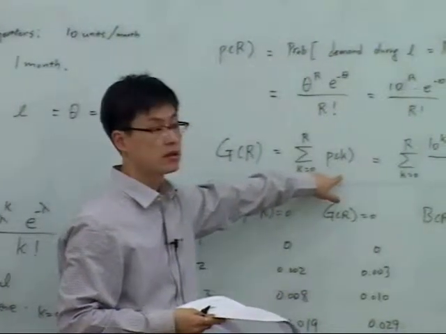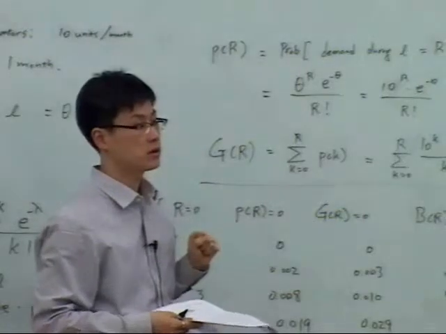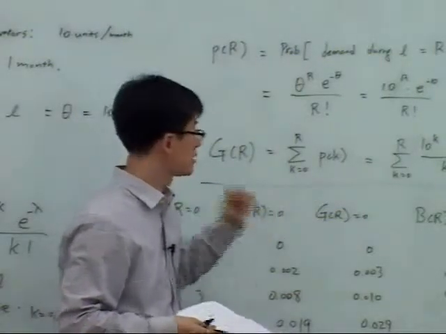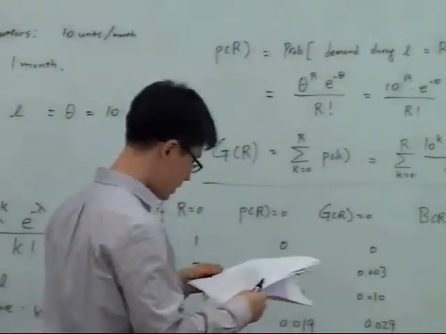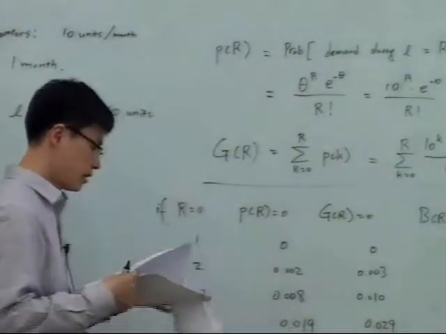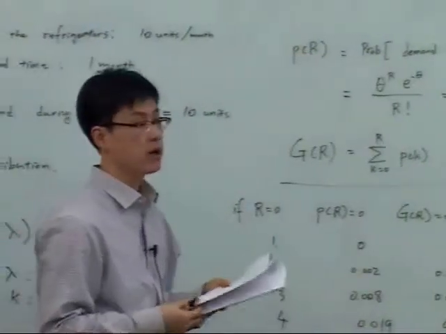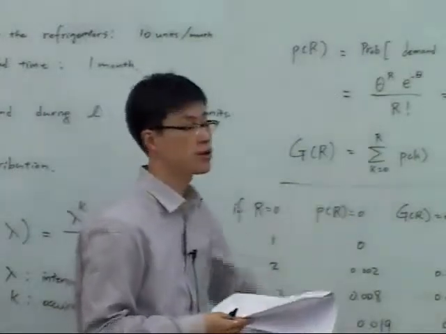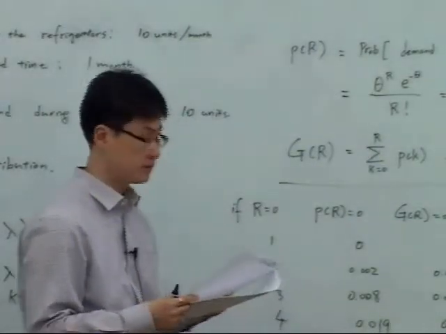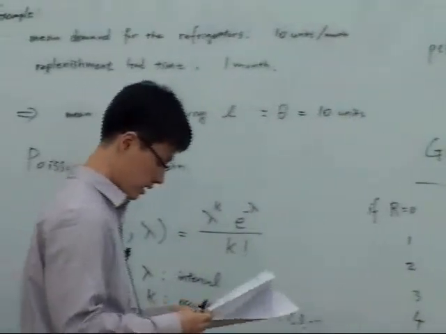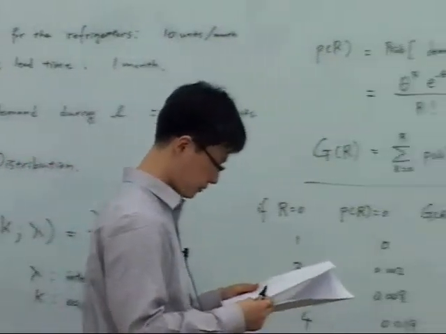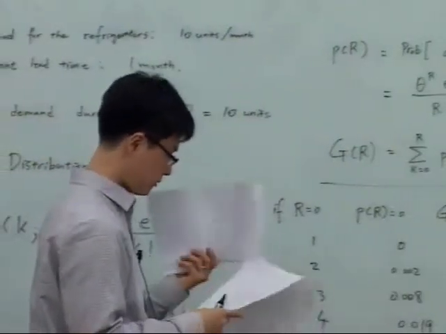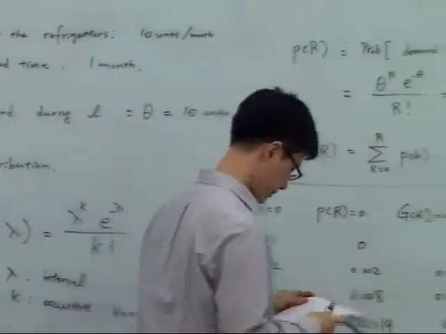Because it's a discretized number, right? And the B function is the average number of outstanding backorders, and we derived the equation of BR in previous courses.